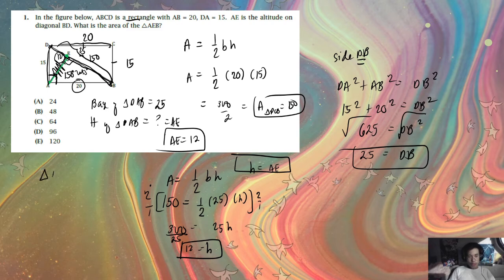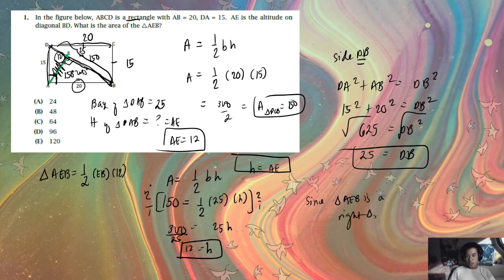To solve for the area of triangle AEB, we need 1/2 of the base, which is EB, times the height of the triangle, since this is a right triangle. So the height will be 12. Since EB is still missing, we have to solve for it. How do we solve for EB? Triangle AEB is a right triangle.